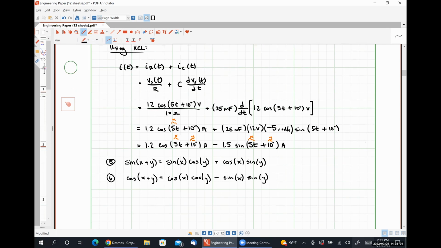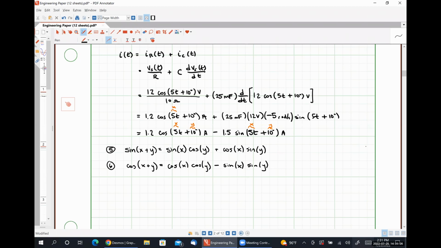Applying trig identities 5 and 6, what we're going to find is that I of t will be equal to, let's start with trig identity number 6, 1.2 cosine of 5t plus 10 degrees is going to look like 1.2 cosine 5t cosine 10 degrees minus 1.2 sine of 5t sine of 10 degrees.